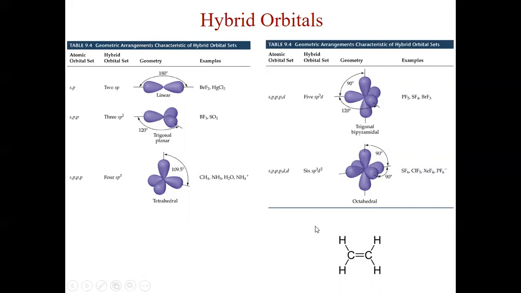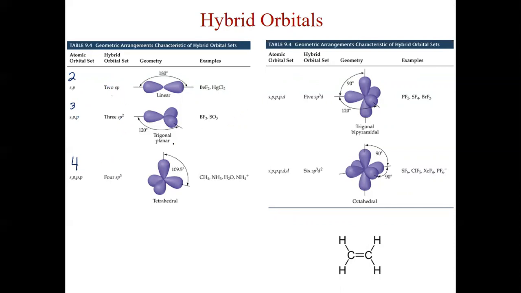So for a linear geometry, this has 2 electron domains, which means you're going to have 2 sp hybridization. Then this has 3 electron domains, and so that's going to give you 3 sp2, and then 4 electron domains gives you 4 sp3.